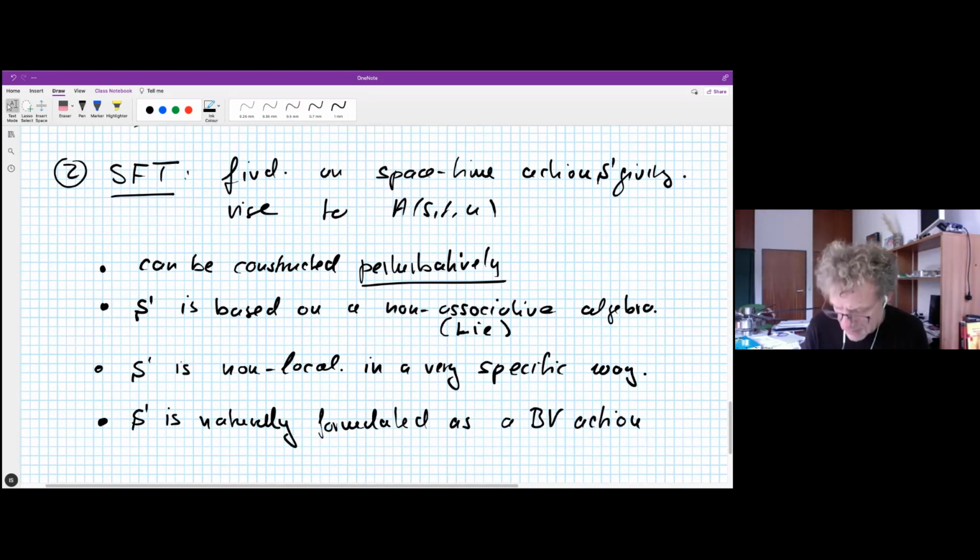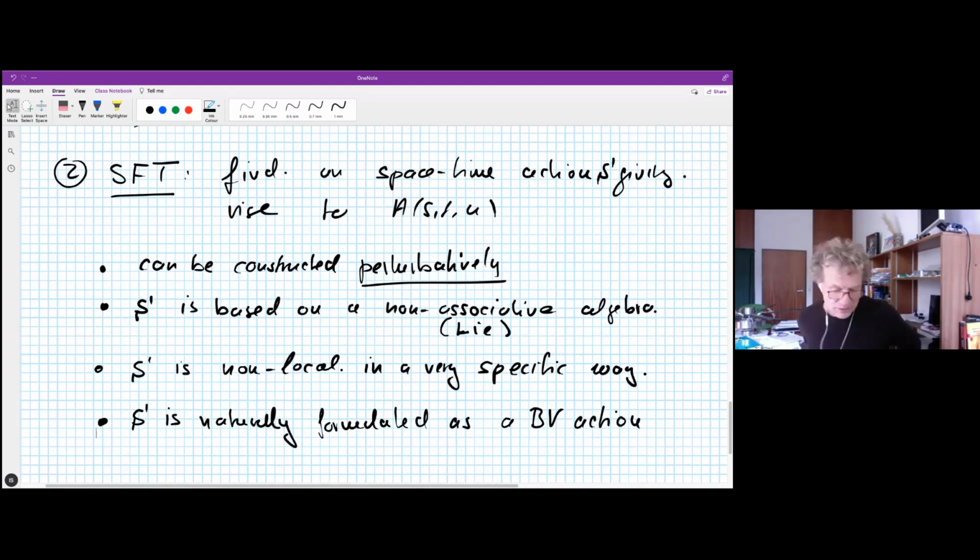BV stands for Batalin-Vilkovisky. Some of you may know the Batalin-Vilkovisky formulation. Some of you may not. It doesn't really matter. The thing is, when you do string field theory, you don't need to know this BV formulation. You just find it, in a way that is not usually the way it's derived.